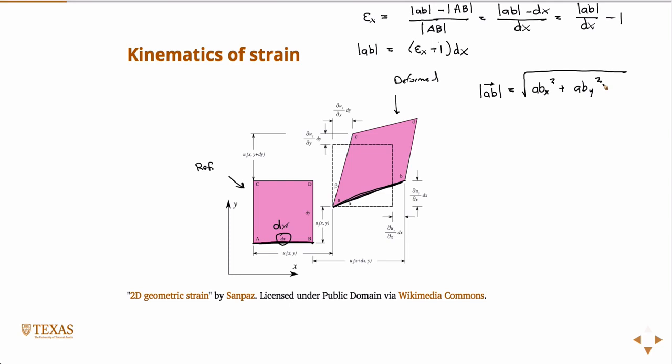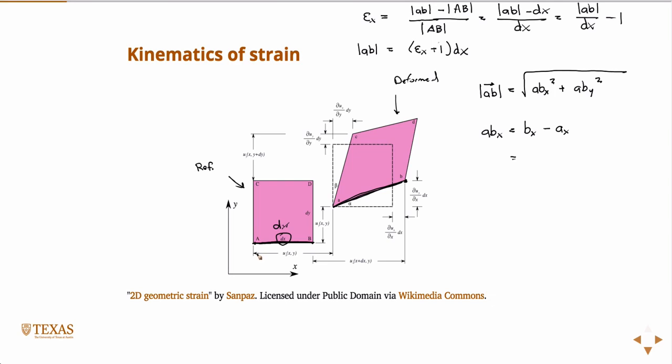Right? So AB in the x direction is equal to essentially the x component of point B minus the x component of A. Okay? So what is B? B is this point, and my reference position is over here at big A, right?